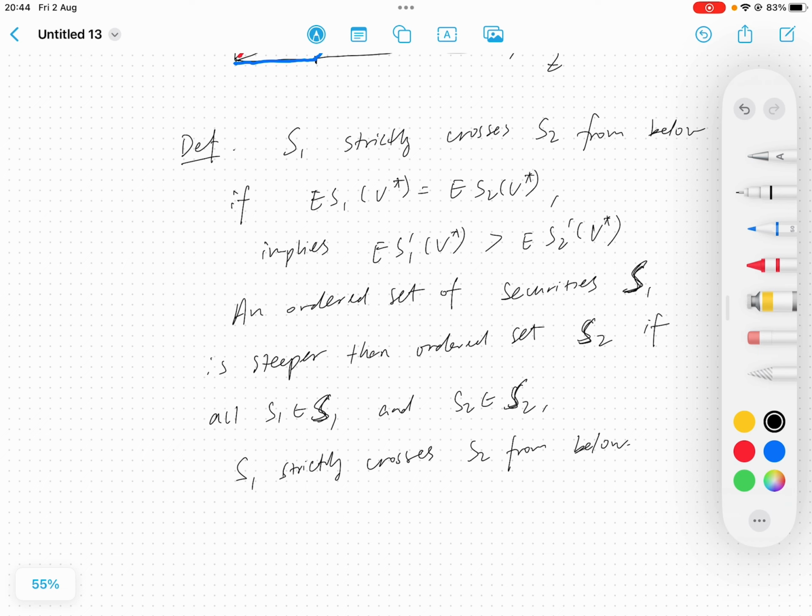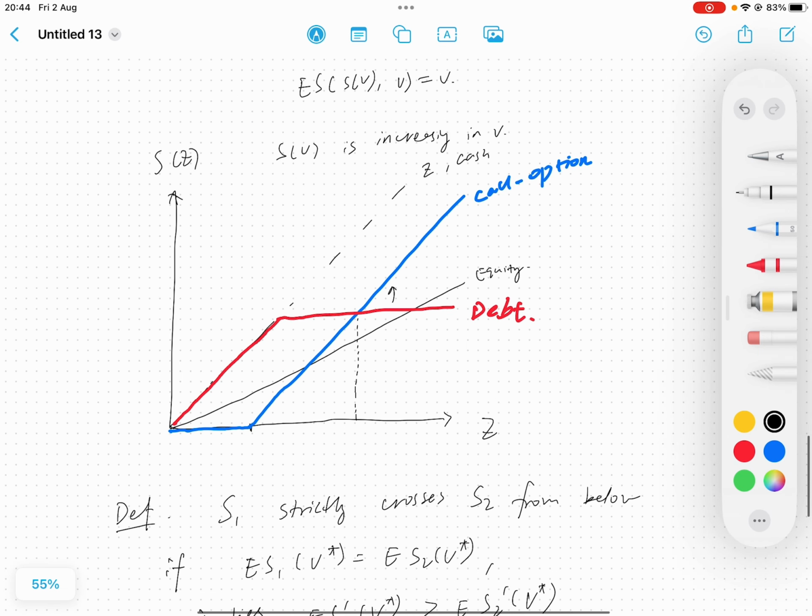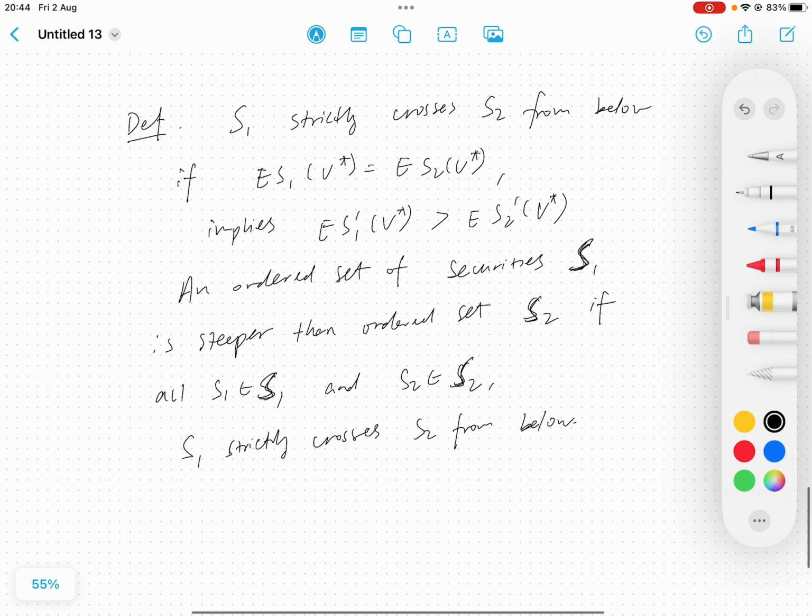And we can see from the picture that the call option has the highest steepness, and after that is equity, and then debt, right? So we can use this to compare option with equity, equity with debt, and option with debt. That's a very useful way to define the steepness.